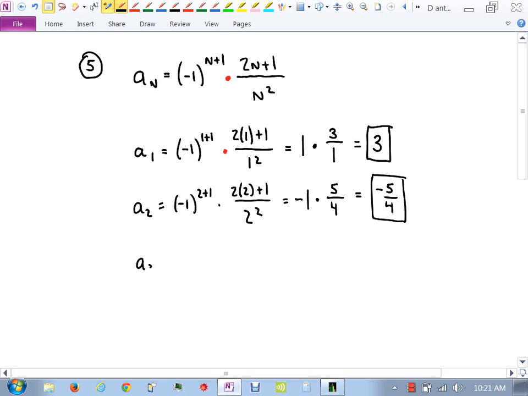Then you get the third one. You do the same thing, and you get 7 over 8. I'm not going to do it, but you just keep plugging in. Then you do the fourth one. You get -9/16. And then you do the fifth one, and you get 11/32.